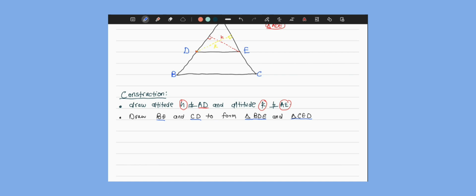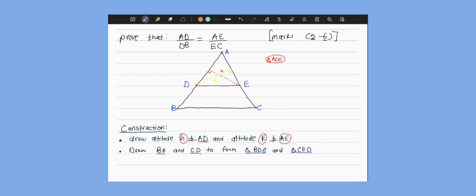Let's go and apply it practically. Let's go back to our diagram. On our diagram, I have to draw the line BE. You just need to join B to E, or E to B. I'm going to join it.